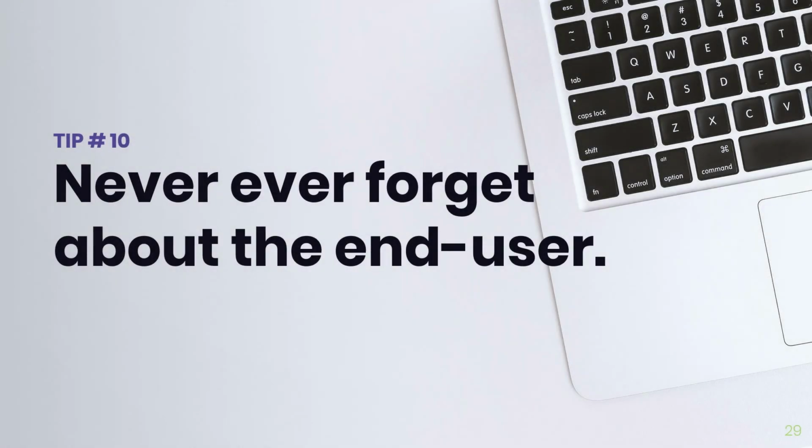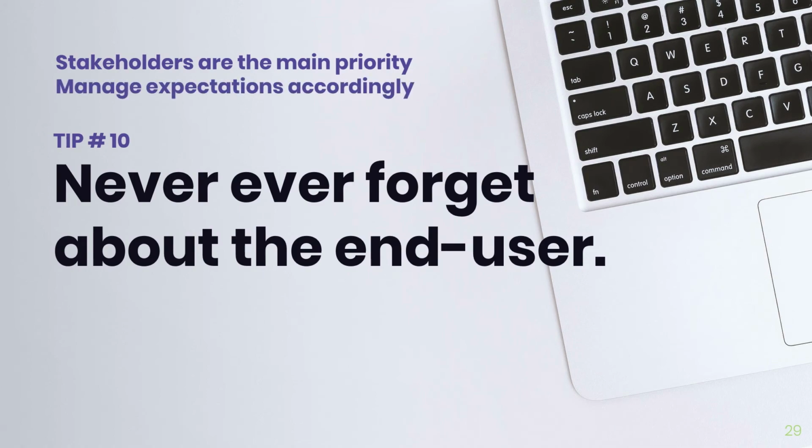Last but not least, never ever forget about the end user. So at the end of the day, the end users or the stakeholders are the main priority. You need to make sure that you get the requirements, functionalities right. You need to deliver according to their expectations, and at least manage those expectations if there are technical or system limitations.